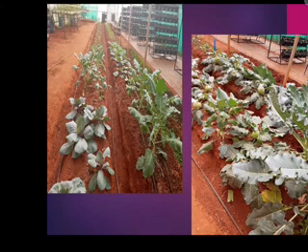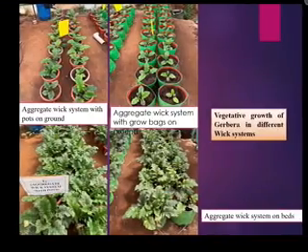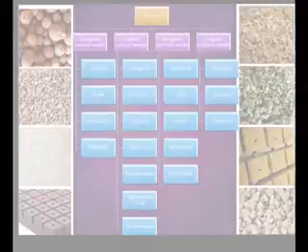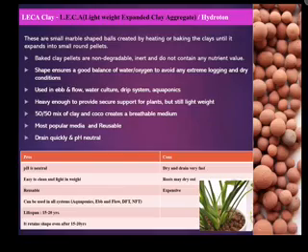Porosity of the media will be maintained in a proper manner. Here you can see the first picture is the wick system, and the second one is a drip system. These are the different photographs. Even gerberas we have tried, and the media and all that Dr. Shilpa, soil scientist, will be covering. I'm just skipping that one.